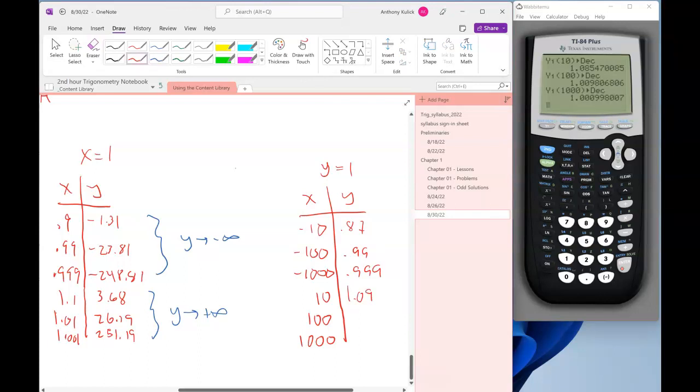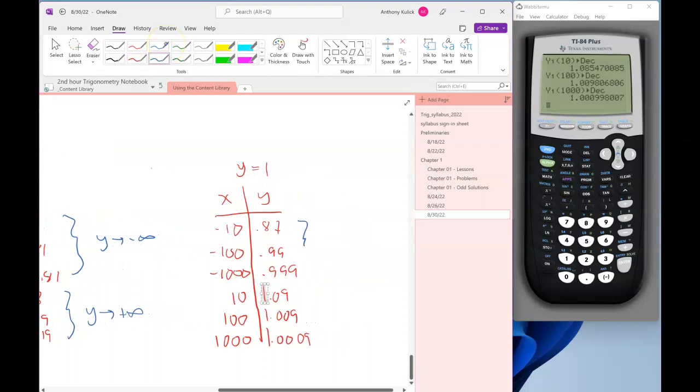Completely arbitrary. I just picked stuff that was easy. There's nothing magic about those numbers. They're just easy things to type into my calculator.